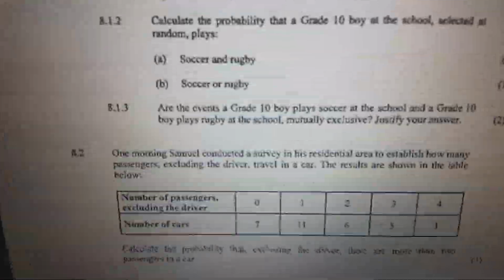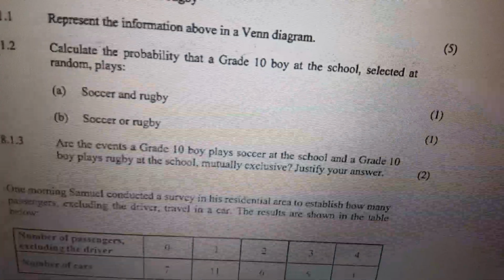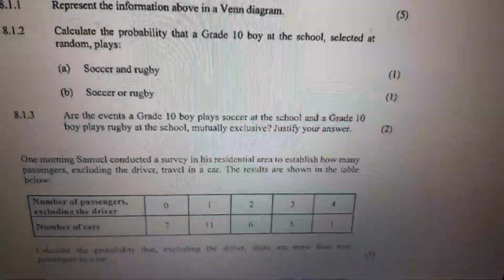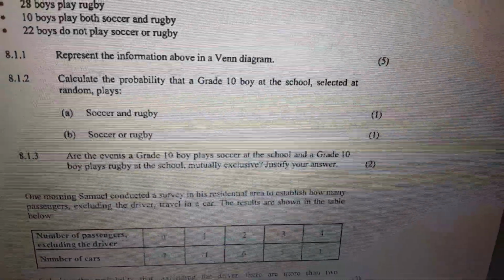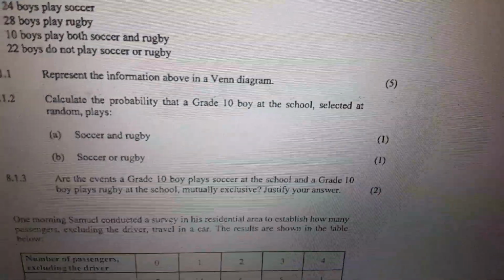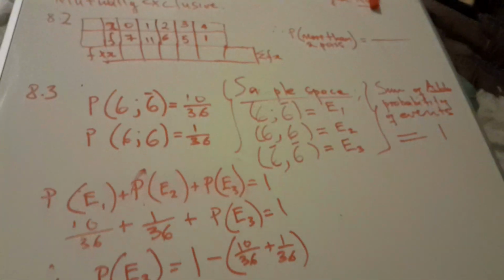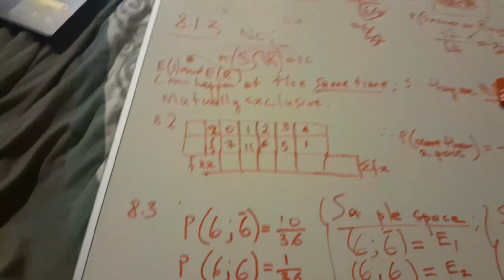It reads, the events a grade 10 boy plays soccer at the school and a grade 10 boy plays rugby at the school, mutually exclusive. Justify your answer. We have to explain first what mutually exclusive means.